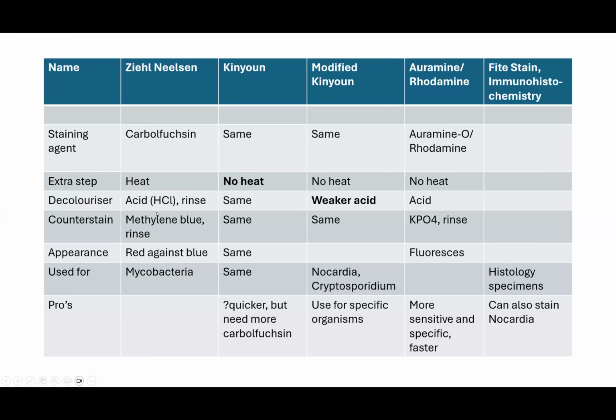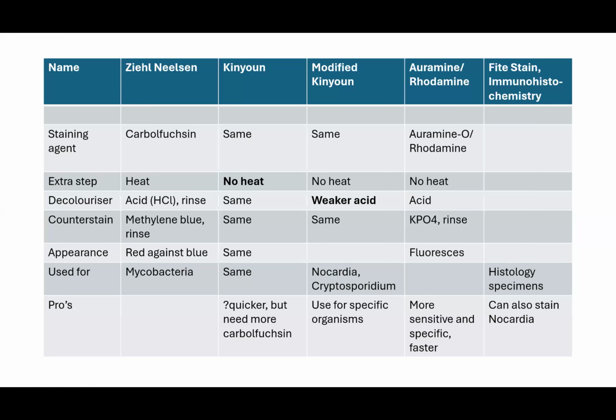So I just compared them. Ziehl-Neelsen was discovered by two different physicians, and then used also by Koch for TB diagnosis. Basically, your staining agent, the thing that shows up nice and bright and red, is the carbol fuchsin. Then you have to heat it over a flame so that it steams a bit. You mustn't heat too much, you mustn't heat too little.